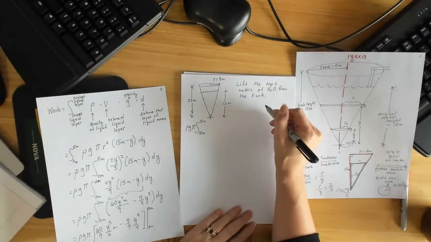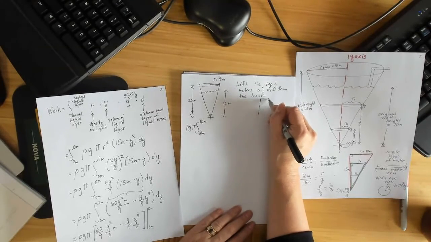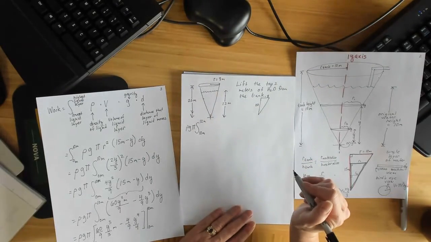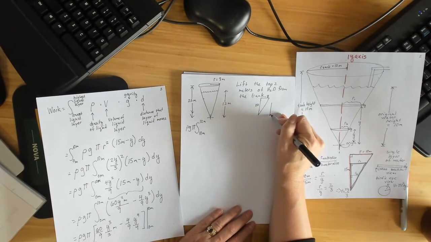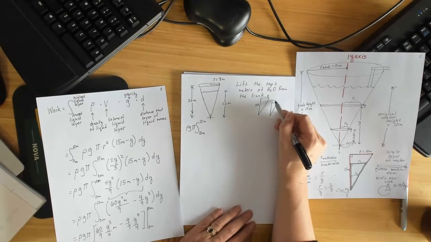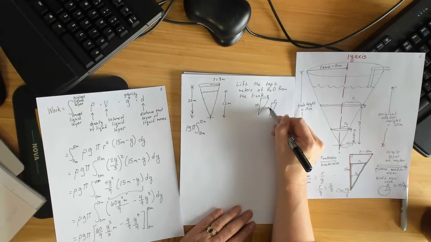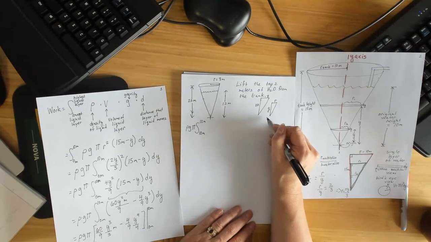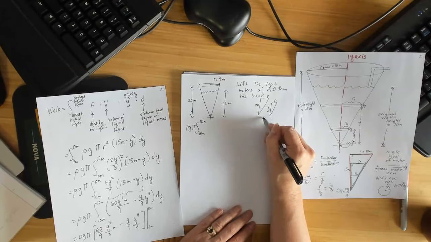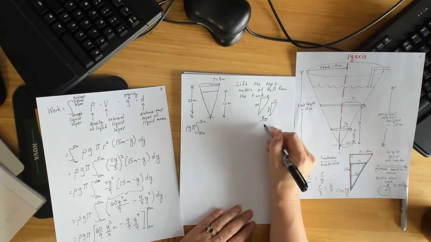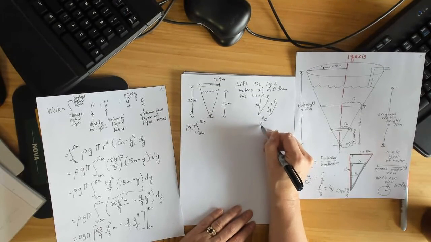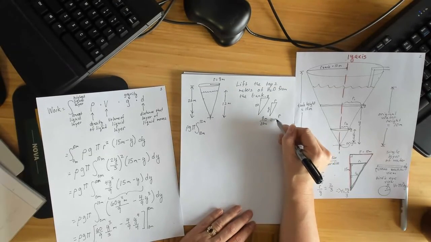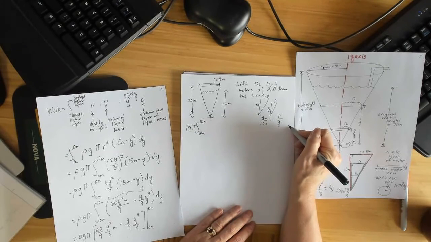So we need to set up another similar triangle. We have the original radius of 8 with an original depth of 20, and next to it, we can put our smaller radius for the water layer, which is R, and its depth, which is the Y value. And we can set up our ratio into a proportion. So we have radius of the tank, 8 meters, divided by height of the original tank, 20 meters, has to be proportional to the radius of every water layer divided by the height of every water layer.